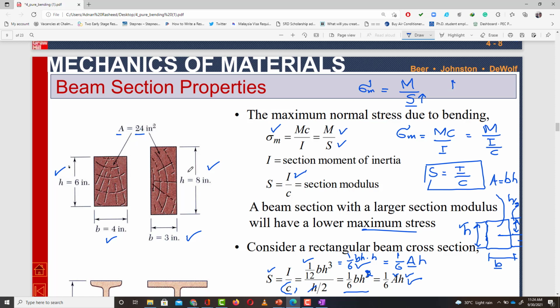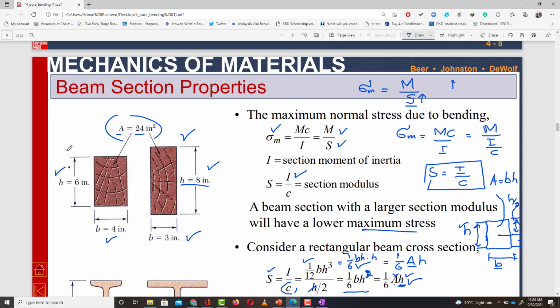So you will prefer the beam having higher height, because in both scenarios the area is the same. But you know that section modulus is equal to 1 over 6 A into h. Now the beam having higher height will be selected and will be safer than the beam of the same area with lower height.